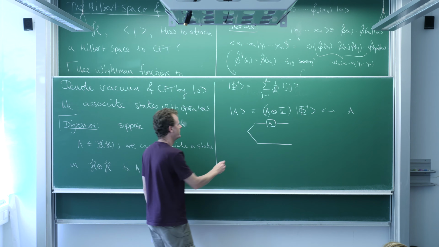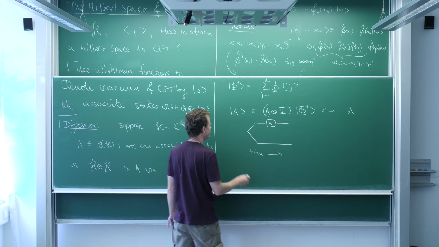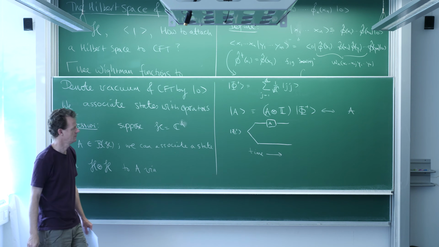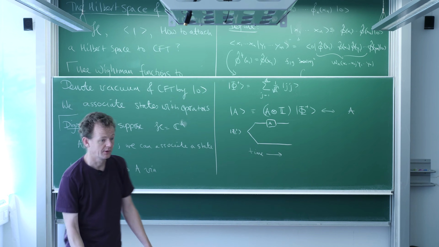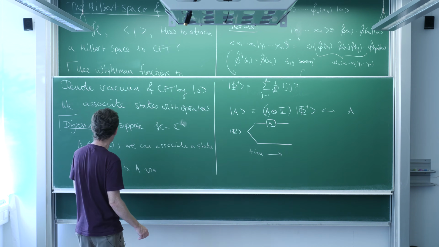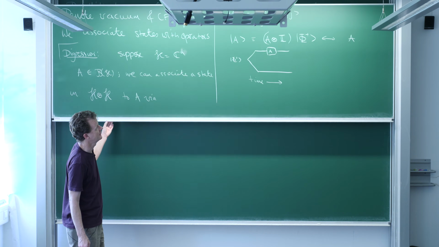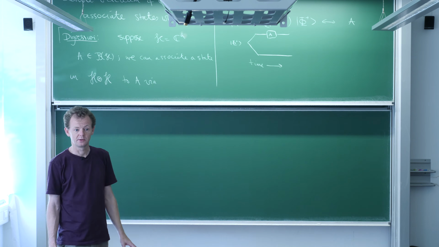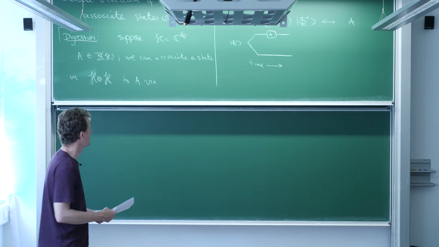Time is running from left to right. So that's a standard device we exploit in quantum information theory quite often to get a correspondence between states and operators. Now we're going to exploit a device morally very similar to this. Morally very, very similar actually.